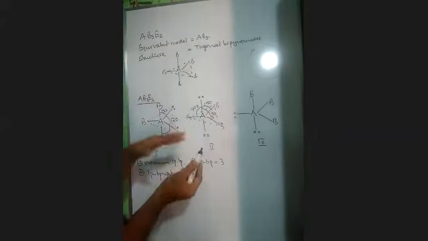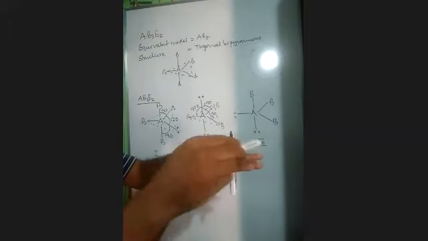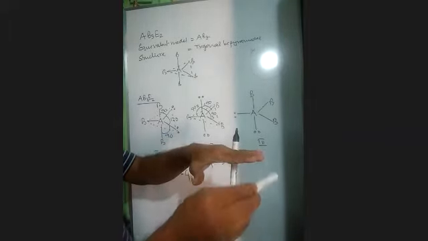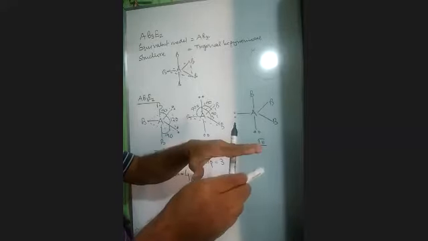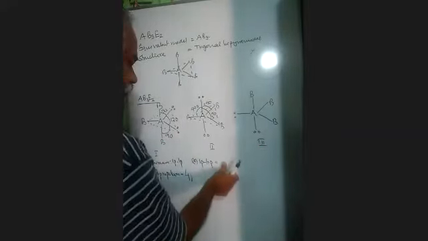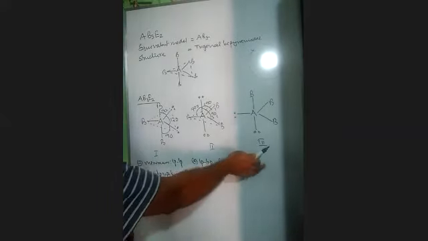Then from below also. 1, 2, 3. Then this lone pair is also 90 degrees to this. So 4, 5, 6.